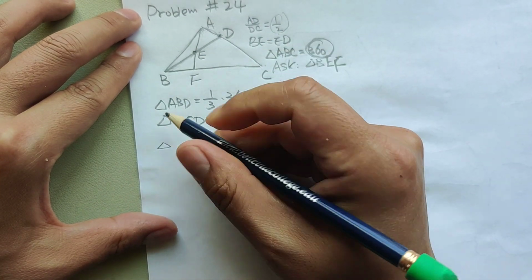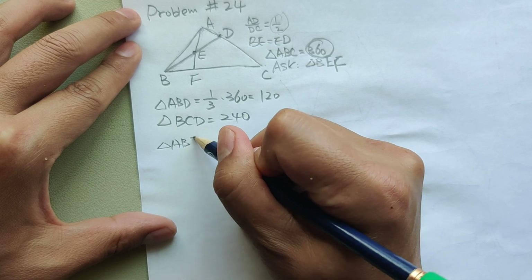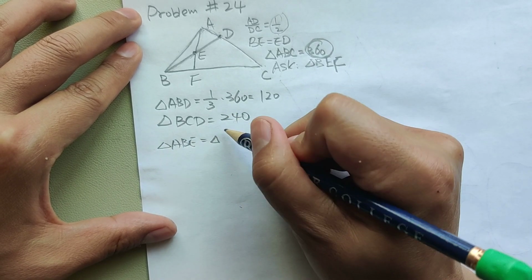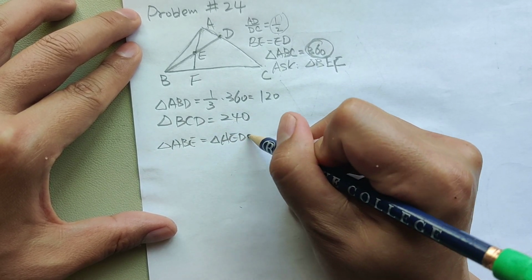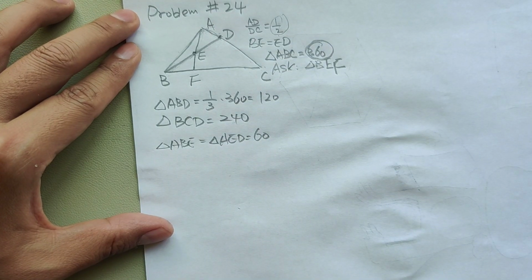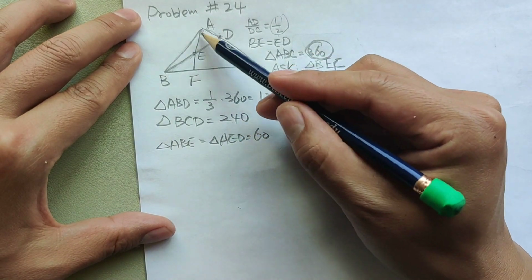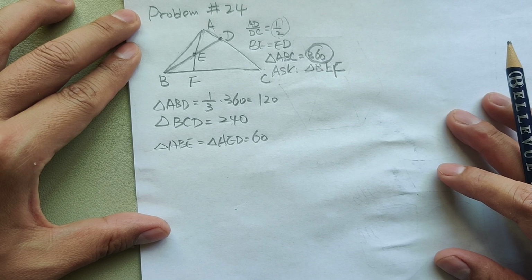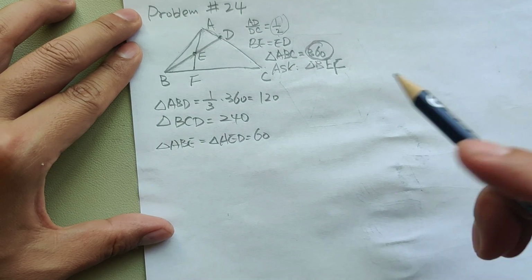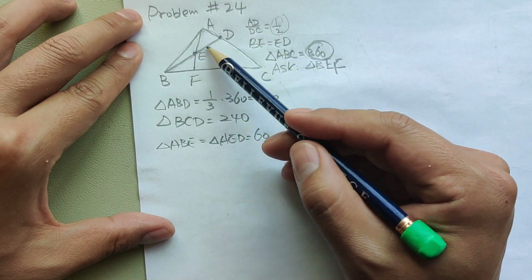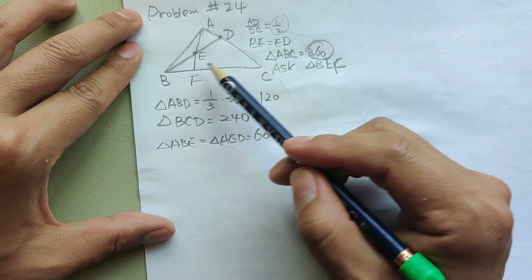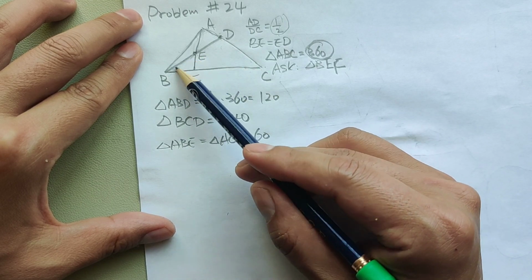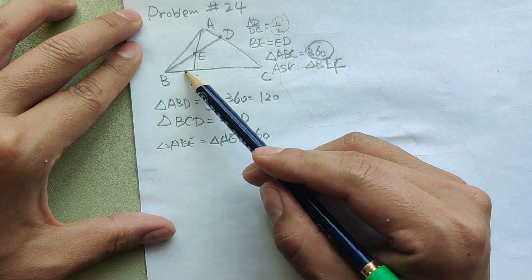So naturally ABE and AED are 60, 60. Okay. Now, we get this small piece, we get this small piece, but we need this part.